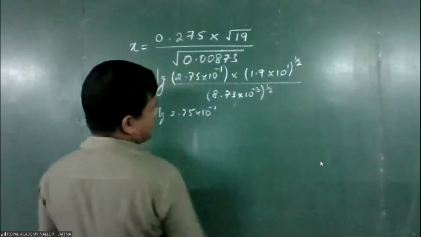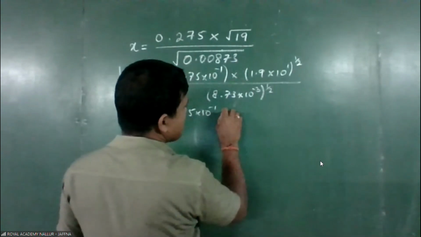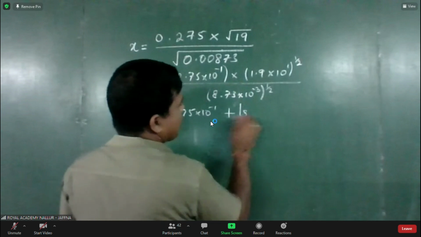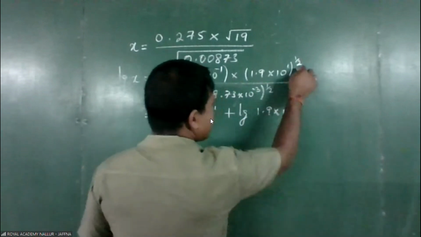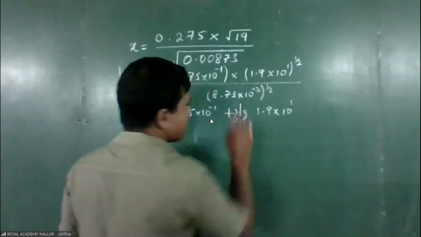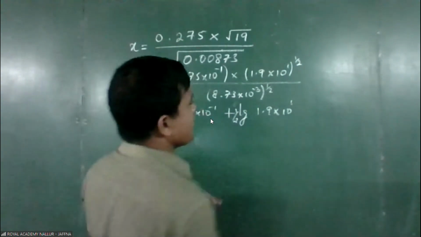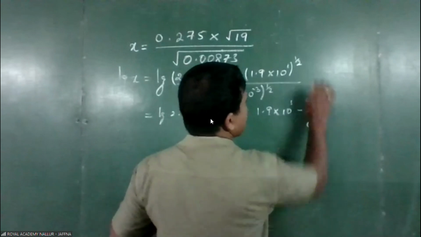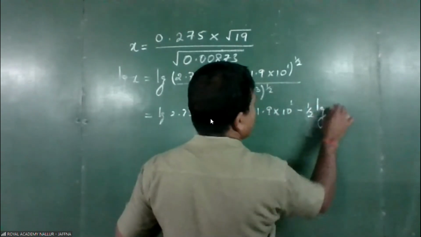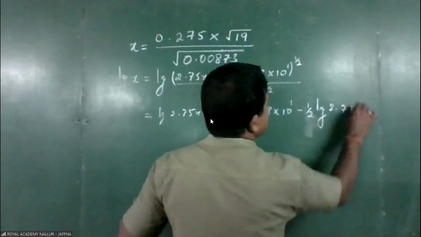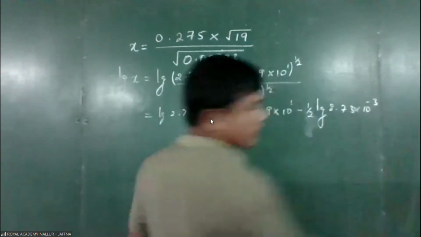Then into means plus logarithm of 1.9 into 10 to the power 1. At that end, this half comes in front. Then when it is division, minus logarithms, here also half comes in front. So half of logarithm of 8.73 into 10 to the power -3.